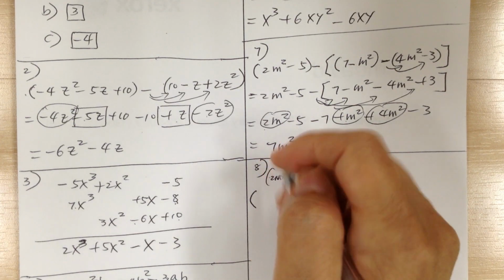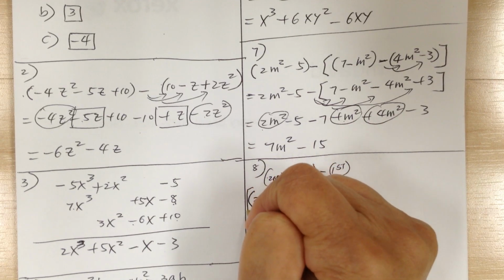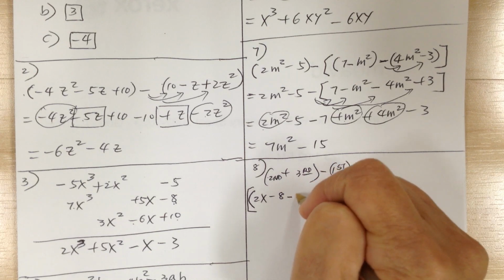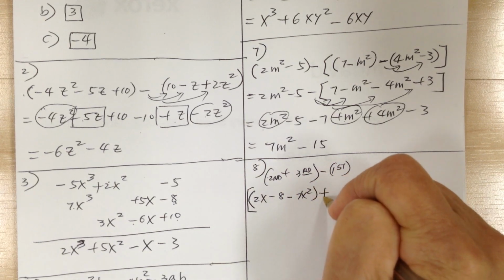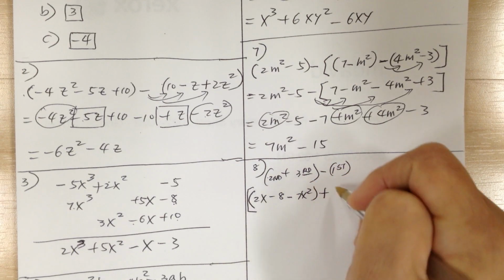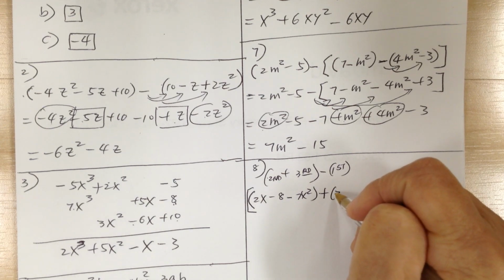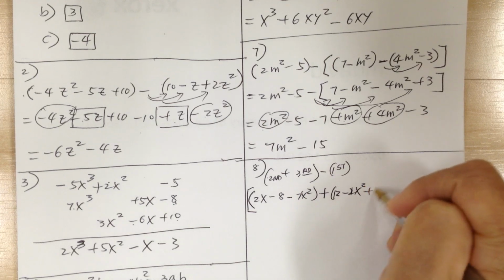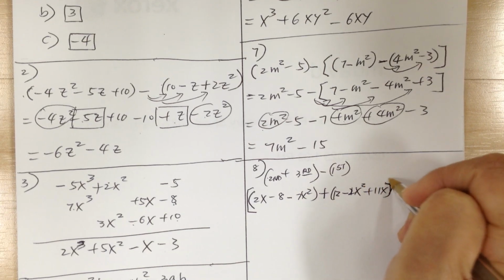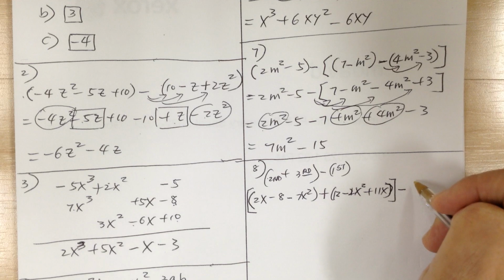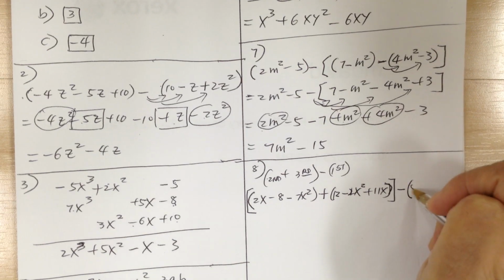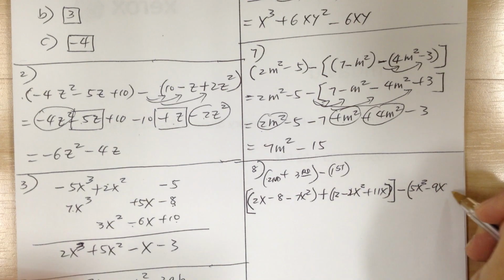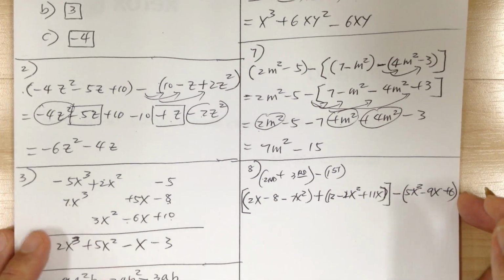So the sum of 2x, use bracket, minus 8 minus 7x squared plus 12 minus 2x squared plus 11x minus the first parentheses, so 5x squared minus 9x plus 6. Okay, so that's what you have.